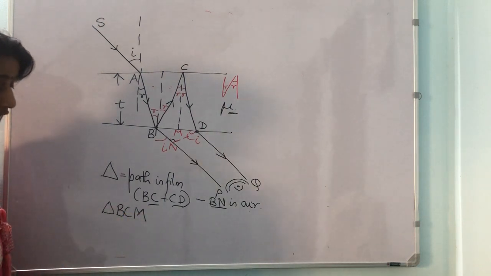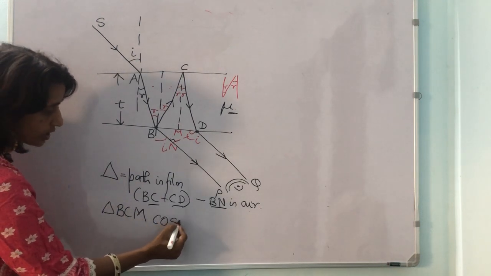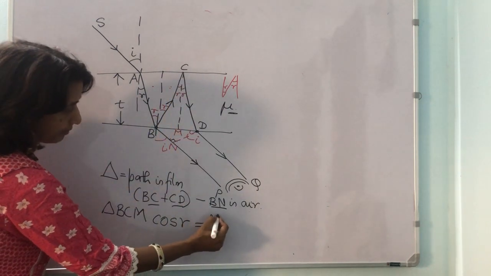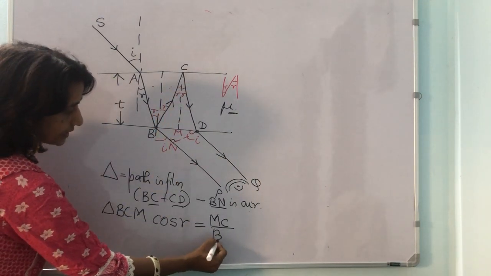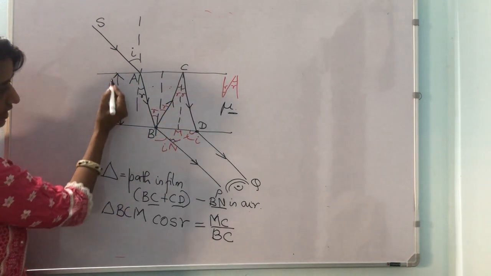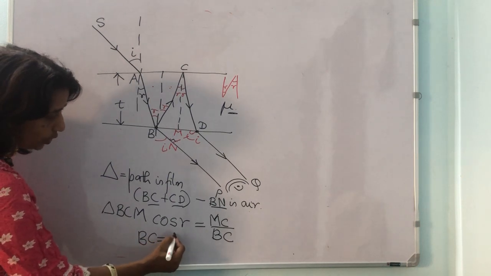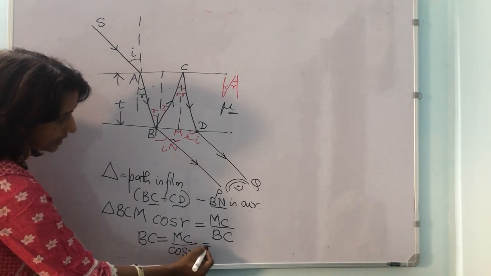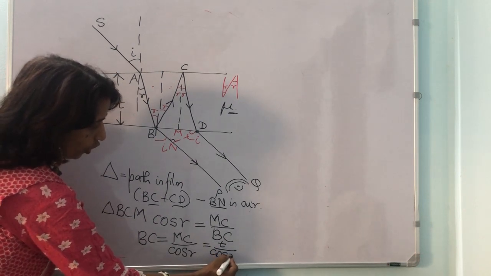Here cos R is base upon hypotenuse. So cos R is equal to base, what is base? MC upon hypotenuse, that is BC. And exactly what is MC? It is thickness of this thin film. So your BC becomes equal to MC upon cos R, that is T upon cos R.